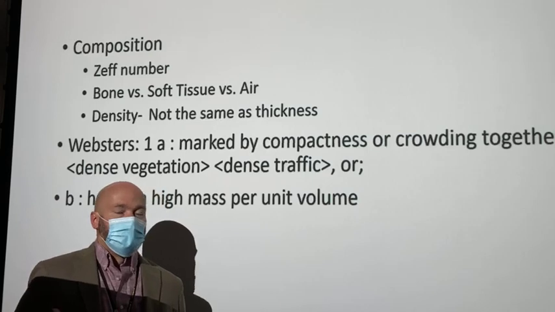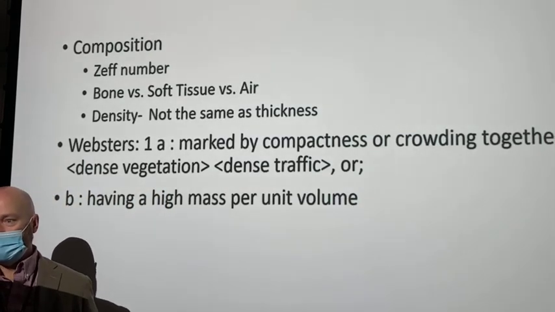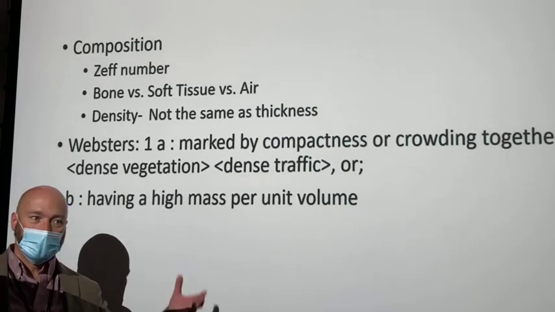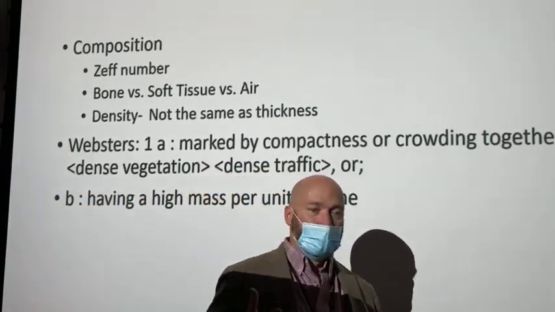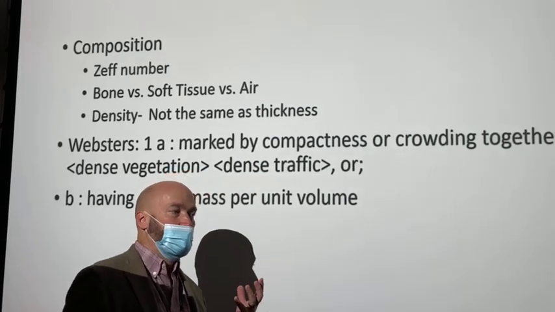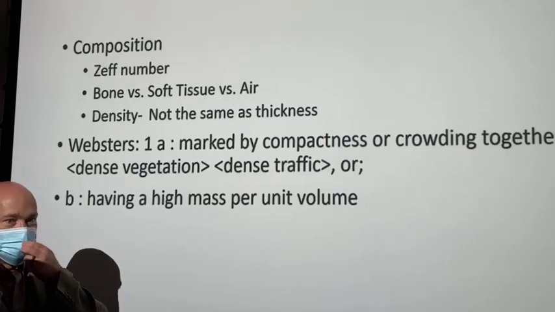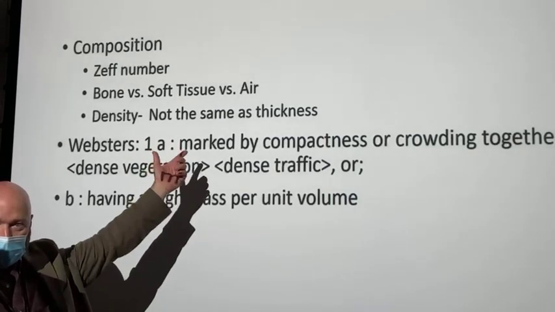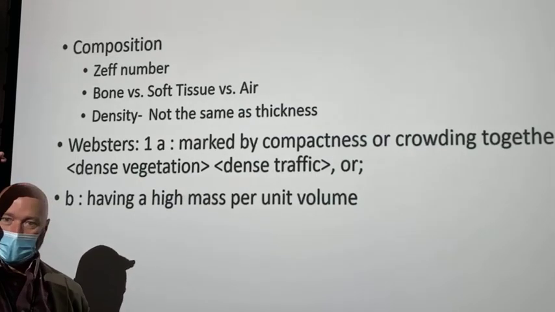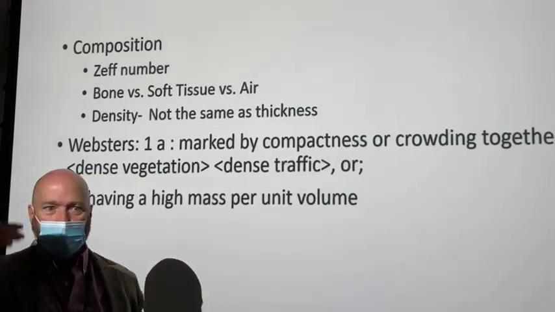In a barium study, they pack a lot of molecules together. In an iodine study, they're more dispersed. So that's what your ZEF number is: even though the atomic number of barium and iodine are similar, because we have so much more of it in barium, the Z effective is off the charts compared to iodine. Does that make sense?